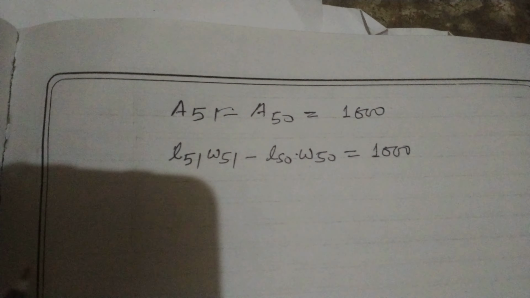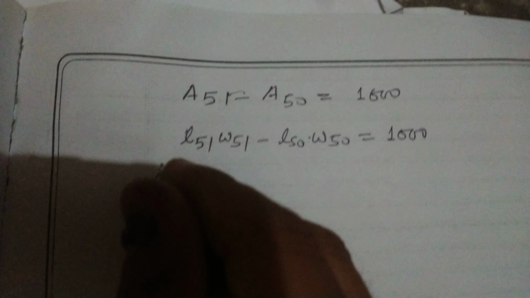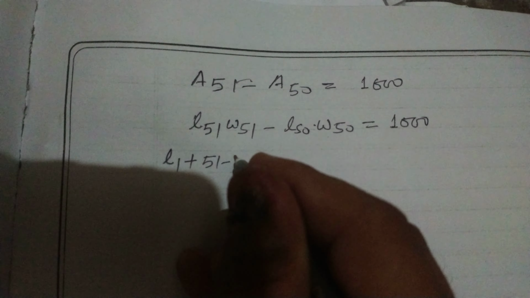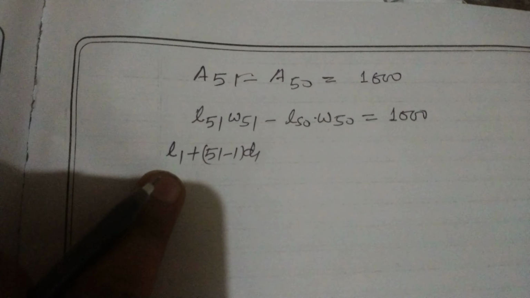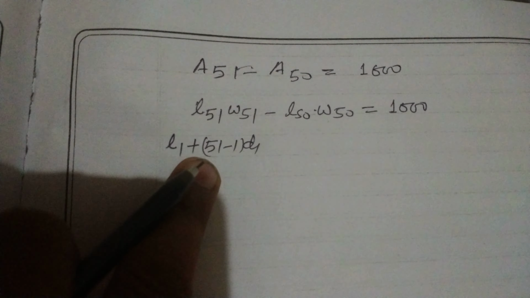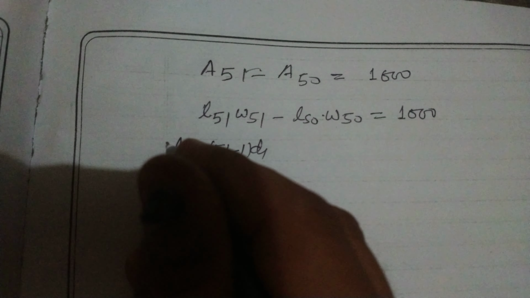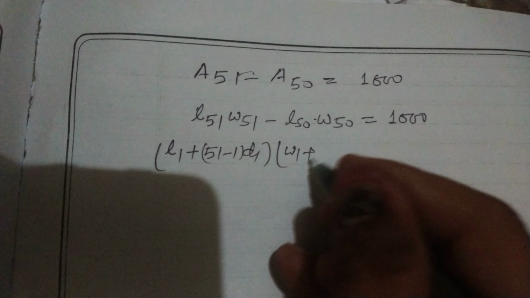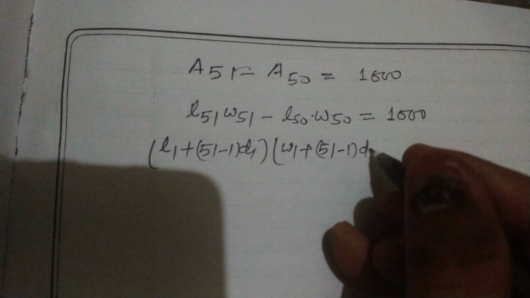Okay, now you know that the 51st term is L1 plus 51 minus 1 into D1, into W1 plus 51 minus 1 into D2.